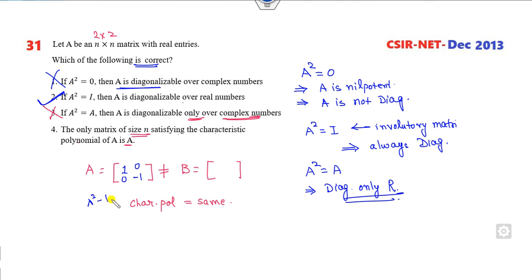Lambda square minus 1, because the eigenvalues are plus 1 and minus 1. Both characteristic polynomials are the same, but clearly both matrices are not the same. So he said this is the only matrix of this nature, but it is not true. So this is a wrong option.